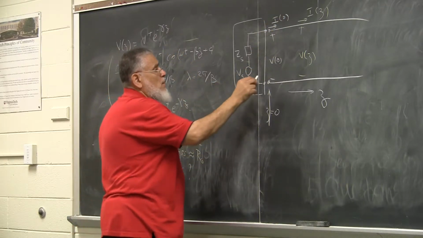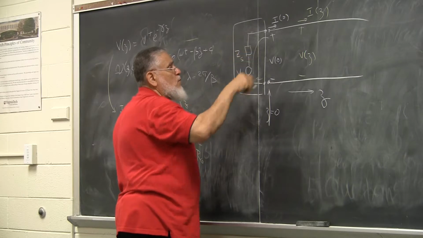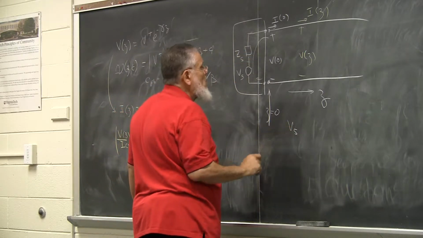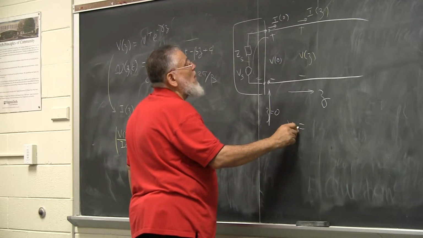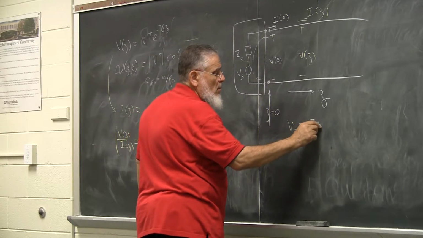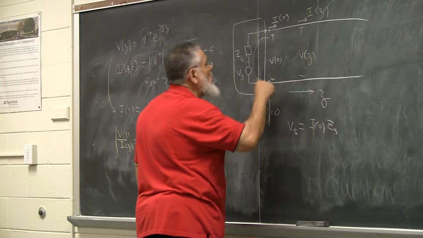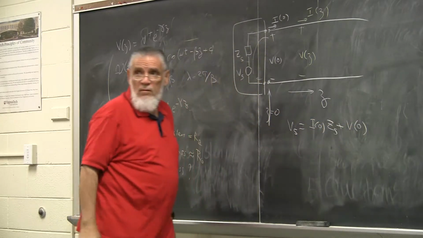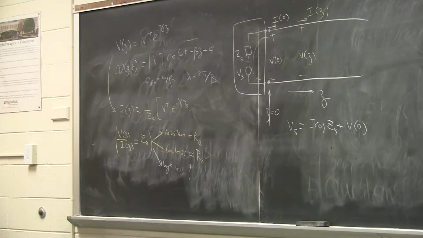And I can write KVL for this loop here, and therefore Vs is equal to I of 0 times Zs plus V of 0. Right? A very simple boundary condition.